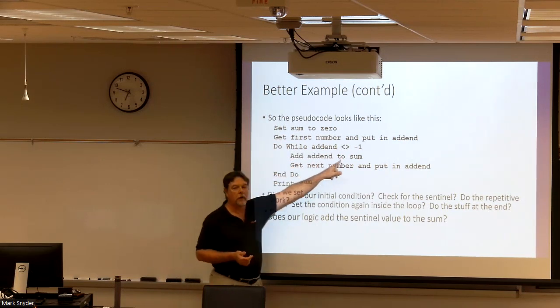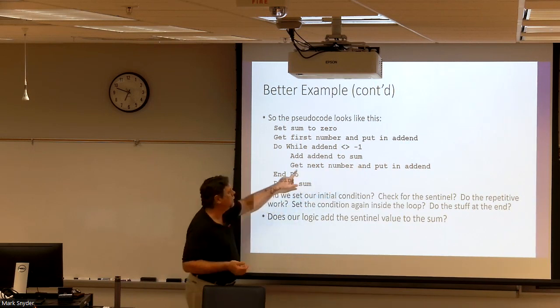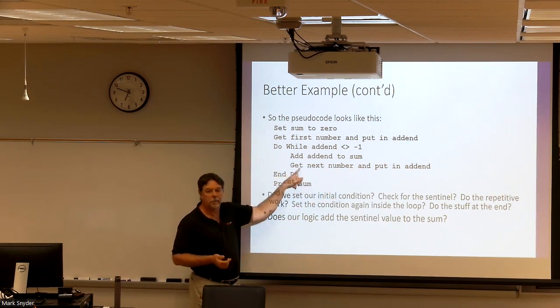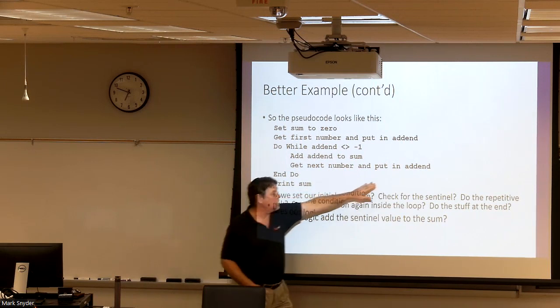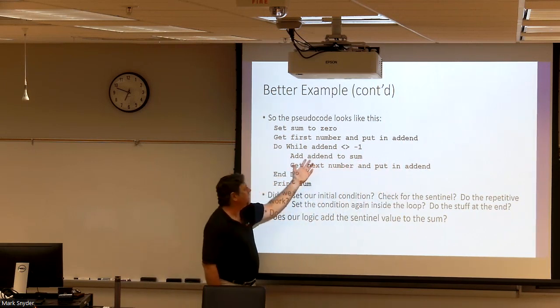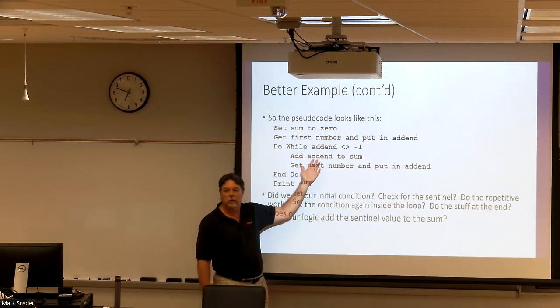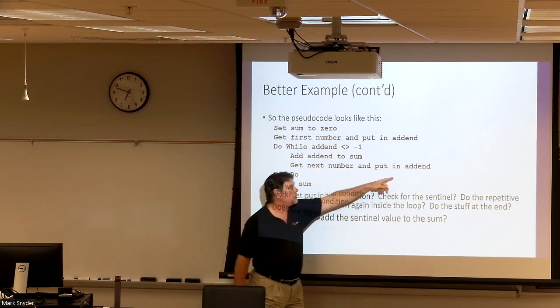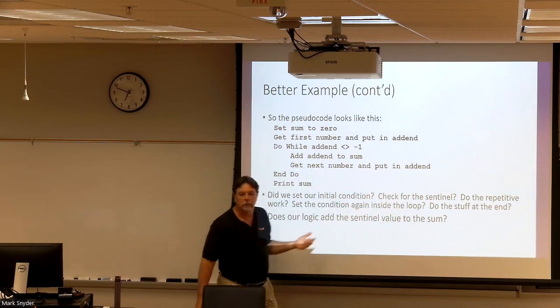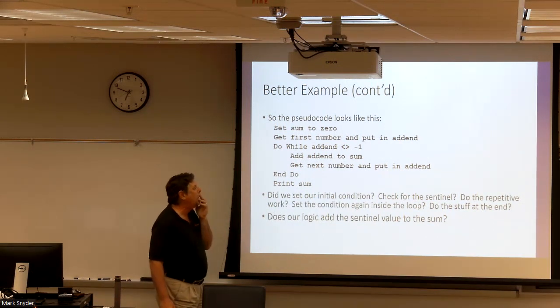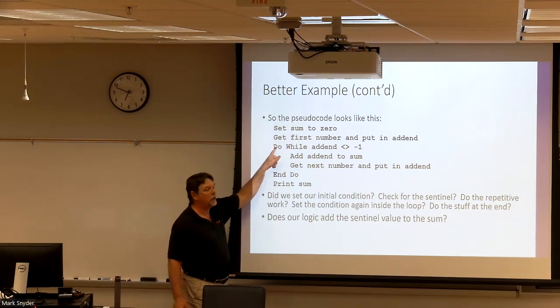Add that variable to my sum variable, and then get the next number. I can reuse the same variable because after I do this, I'm done with that variable. When I get the next number, I'm just going to use the same variable over again. No big deal. I get here and I automatically jump back up.